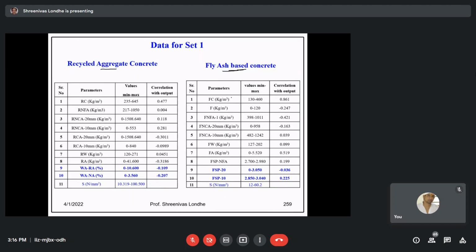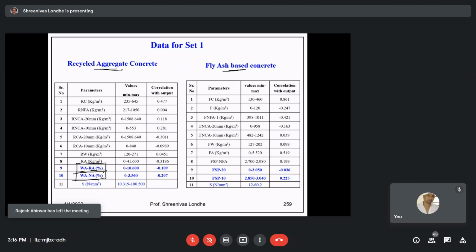And with the ingredients of the materials in kg per meter cube, we also added the most important material properties as input parameters, with my output remaining the same, 28 days strength of concrete. You can see here, in this particular recycled aggregate concrete, the material properties which I added were water absorption of recycled aggregate, which, as I explained earlier, is the most important property, and the water absorption of natural aggregates.